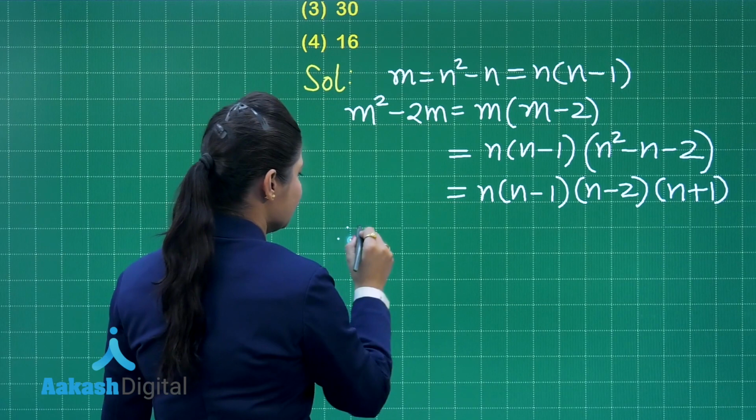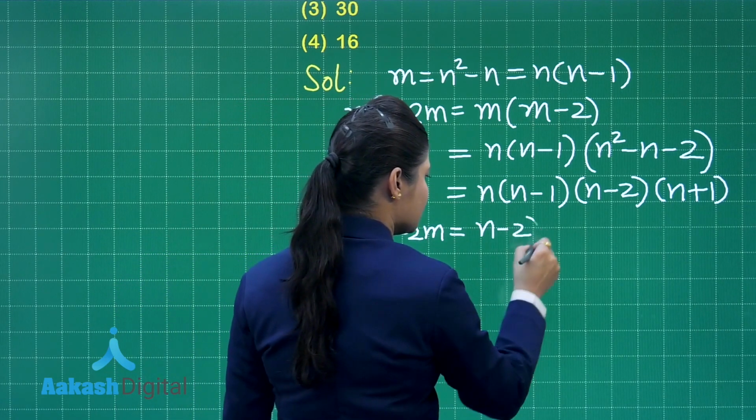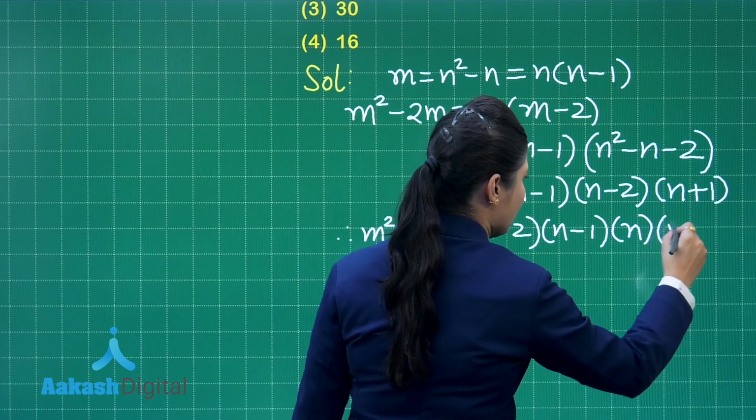So if I rearrange this value of m square minus 2m, it is equal to n minus 2 into n minus 1 into n into n plus 1.